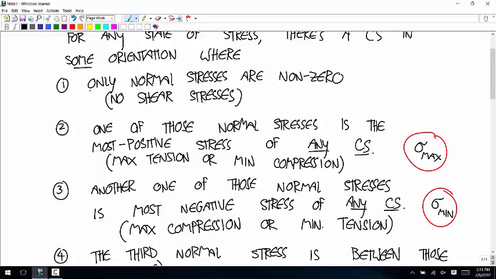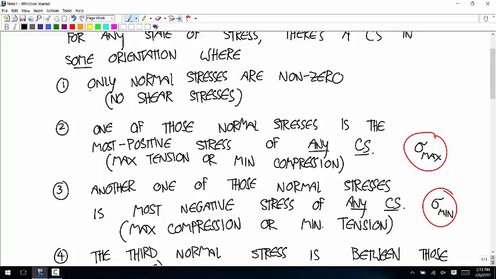You have the one that has the most positive stress. Try every other possible coordinate system. You'll never find another normal stress more positive than the one in that principal stress tensor. And you'll never find in all those coordinate systems another one more negative than the minimum principal stress. The one in the middle doesn't mean anything.